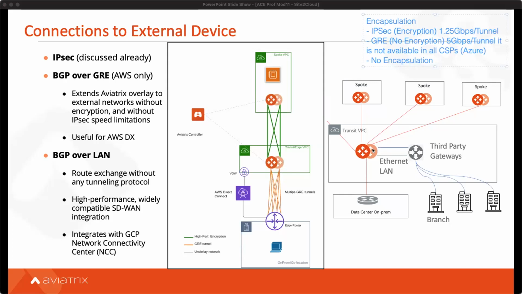Thus, I do not need to build a tunnel to reach the device that lives back to me. So when we talk about no encapsulation, think about old school networking where you started to learn routing, and you can have two routers connected via a cable, and you want to run a routing protocol on top.